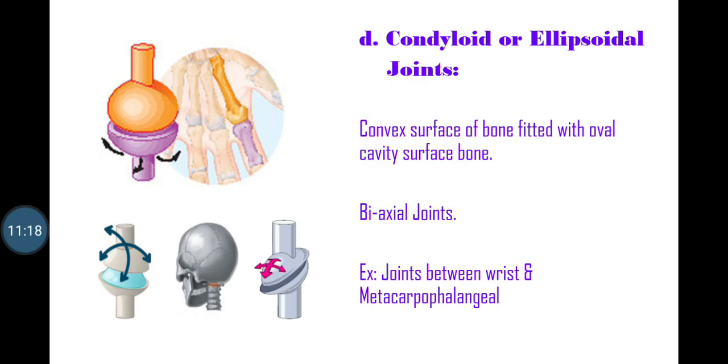Condyloid joints have a convex oval-like surface of one bone articulating with the oval-like cavity surface of the other bone. Condyloid joints are biaxial joints that allow movement around two axes. Example: joints between the wrist and metacarpal phalanges for the second through fifth digits.